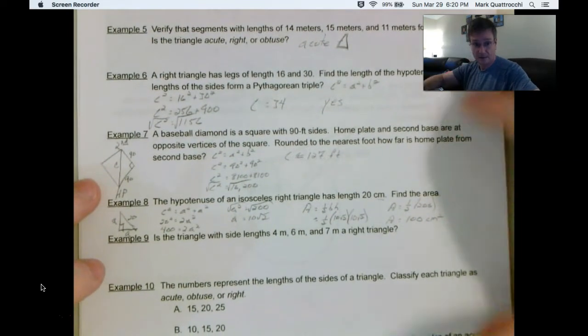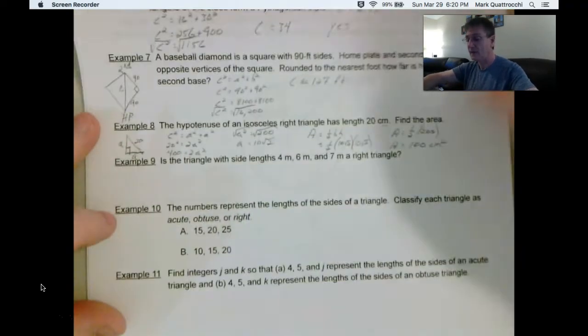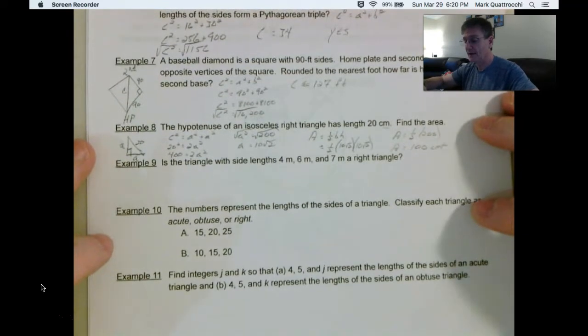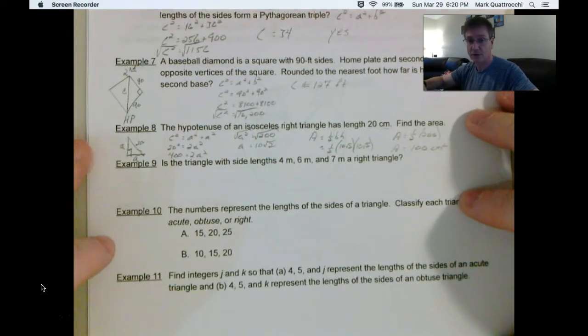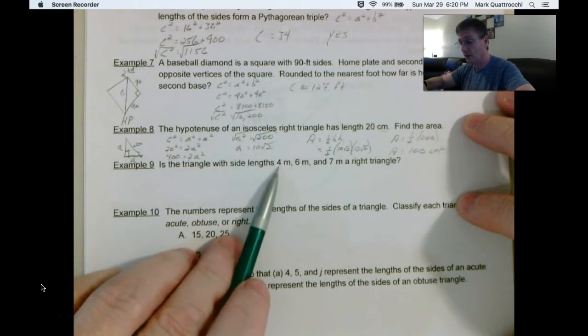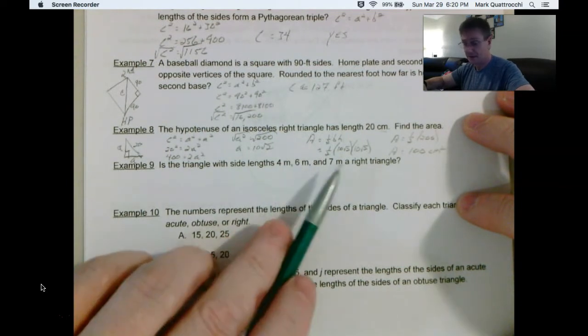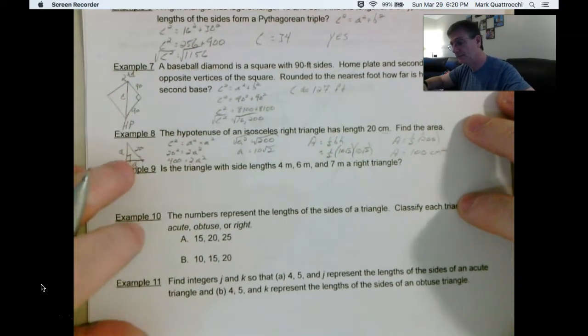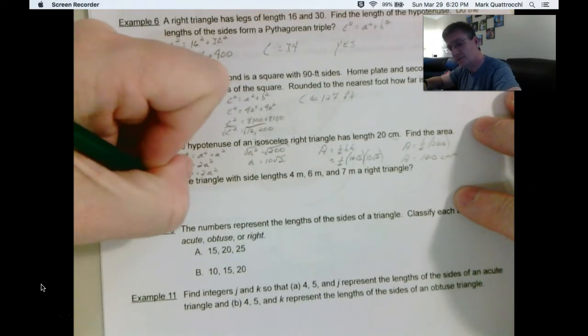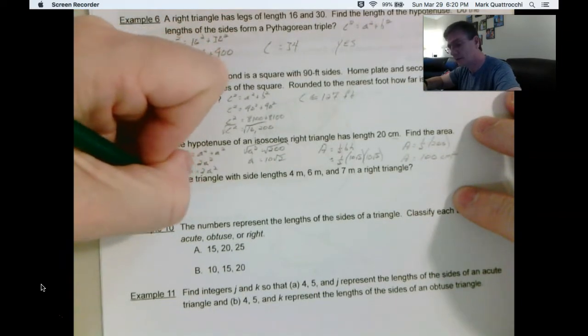Okay. Example 9. Is a triangle with side lengths 4, 6, and 7 a right triangle? First of all, is it a triangle? 4 plus 6 is 10. That's bigger than 7, so yes. Is it a right triangle? Let's take it a step further and find out what type of triangle it is.